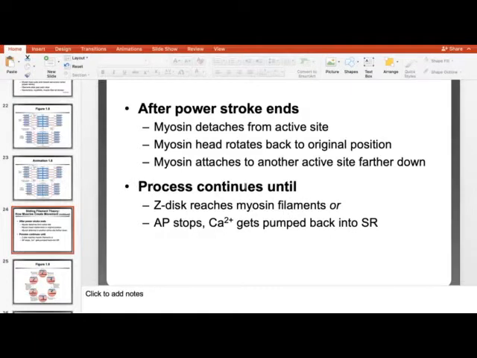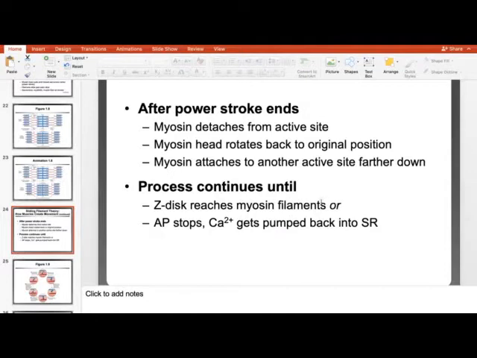Now, this process of the myosin detaching, attaching to a new active site down the actin is going to happen until the muscle stops contracting or the muscle can't contract anymore. Now, if I take my arm and I flex my bicep all the way, there's complete 100% overlap of my actin and myosin, and the Z discs have reached the myosin filament.